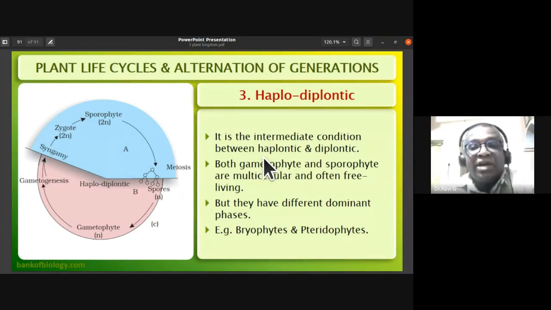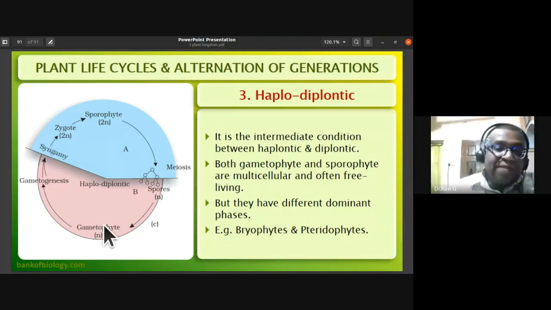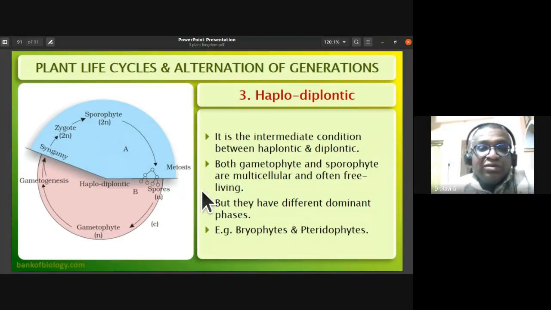Both the gametophyte and sporophyte are multicellular and often free living, except in bryophytes, where the sporophyte is dependent on the gametophyte. In pteridophytes, they are free living. So they have different dominant phases. Examples are bryophytes and pteridophytes.